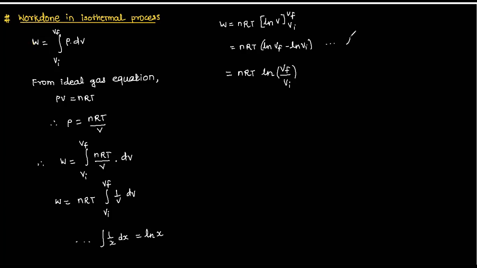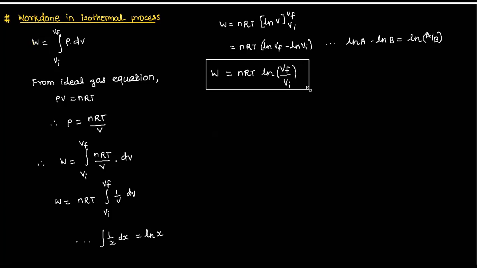Since you know ln of A minus ln of B is equal to ln of A by B. So I got W is equal to nRT ln of Vf by Vi. This is the work done in the isothermal process.